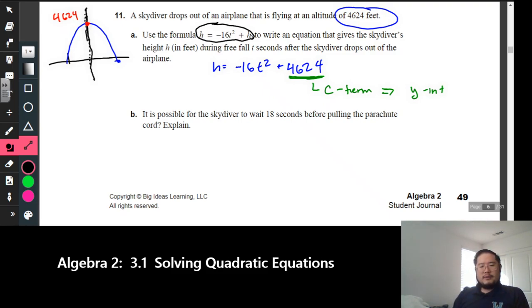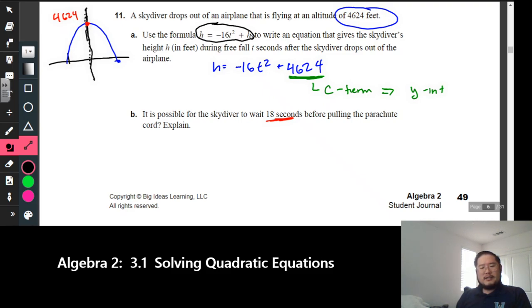Okay. So now the last problem, part B, says is it possible for the skydiver to wait 18 seconds before pulling the parachute cord. Obviously, there looks like there's a mistake in the book, but is it possible? Well, how am I going to figure that out? Well, they give us time, so there might be a good spot for us to try to figure that out. So let's see what happens.